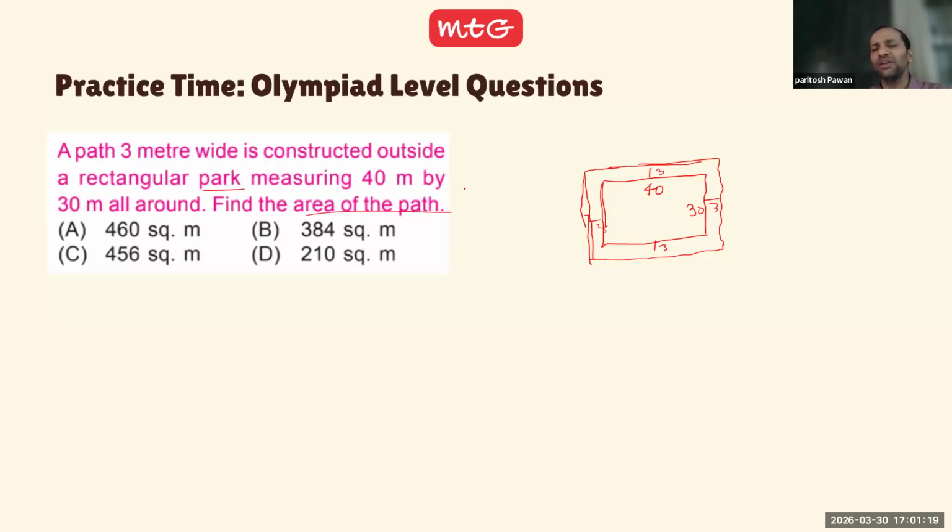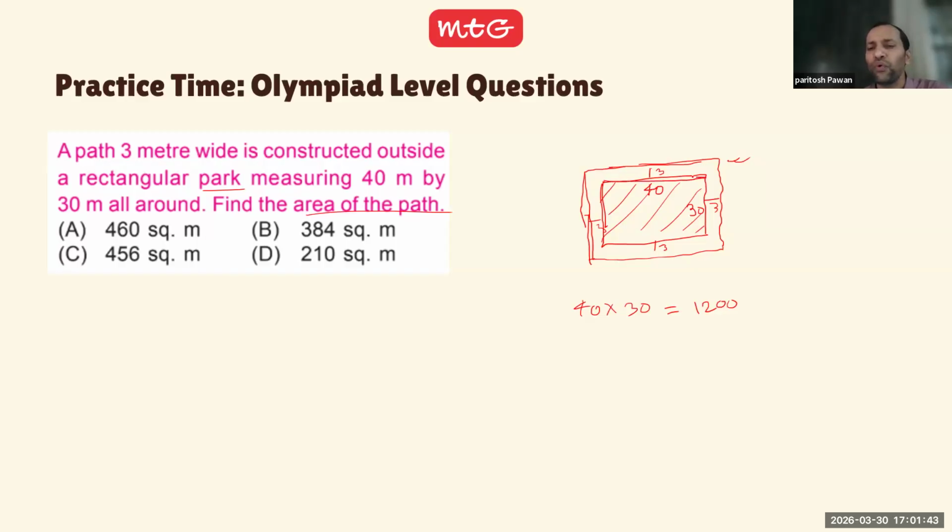For such a question, what do we have to do? First, we calculate the area of the park, that is 40 into 30, 1200. Then we calculate the area of the outer rectangle, including the path. We don't know the length of the outer rectangle.